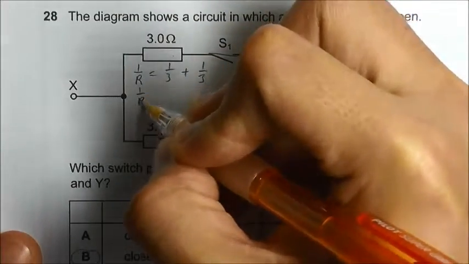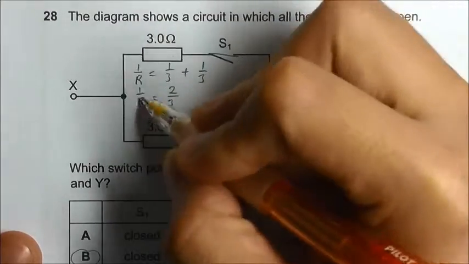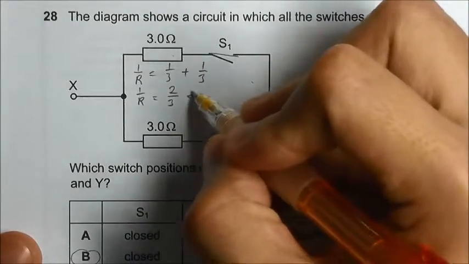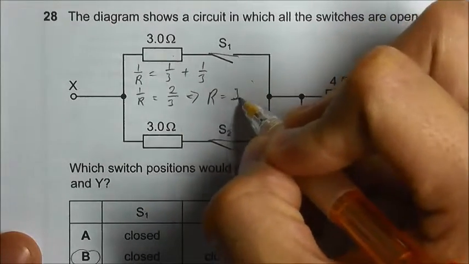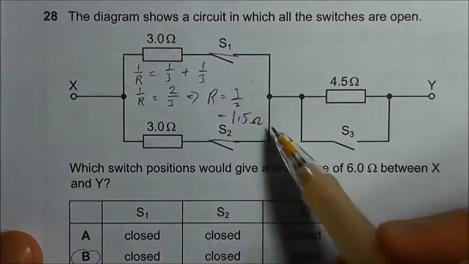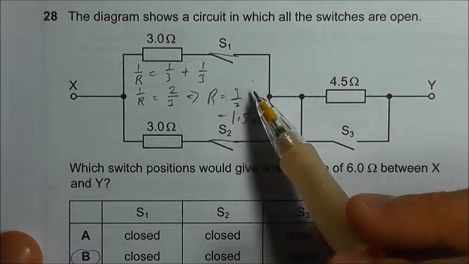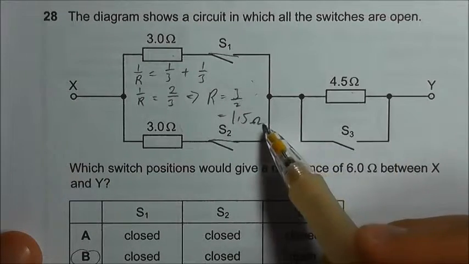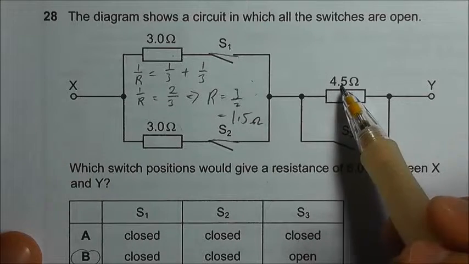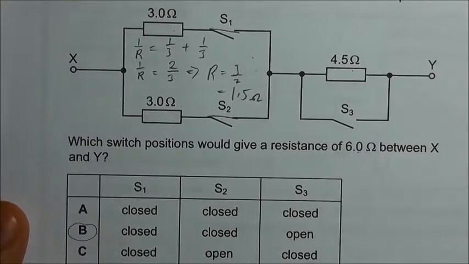So 1 over R is equal to 2 over 3, and we need to flip this over to find R. So R is equal to 3 over 2, which is 1.5 ohm. For 2 resistors in series connection, we can just add up the resistance. So 1.5 ohm plus 4.5 ohms, we will get 6 ohms. Answer B.